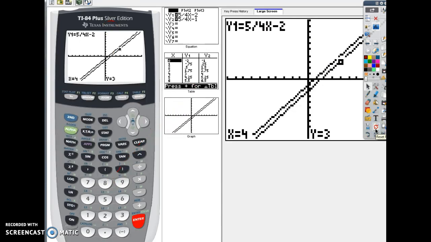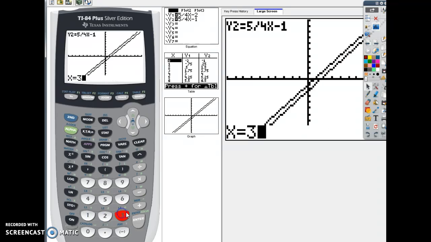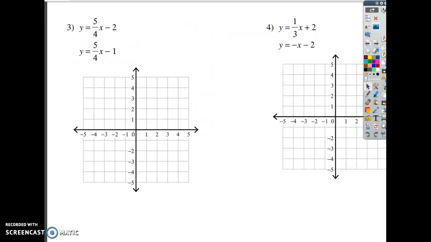In order to move to the next line, just press the up arrow, and it takes you to the other line. Press 0, enter, and that's where you start with that line. So you're starting at 0, negative 1 for that one. And then we're going to look for the other point. 1, enter, doesn't work. 2, enter, doesn't work. 3, enter, doesn't work. 4, enter, works. 4, 4. So we have 0, negative 1, and we have 4, 4 to plot.